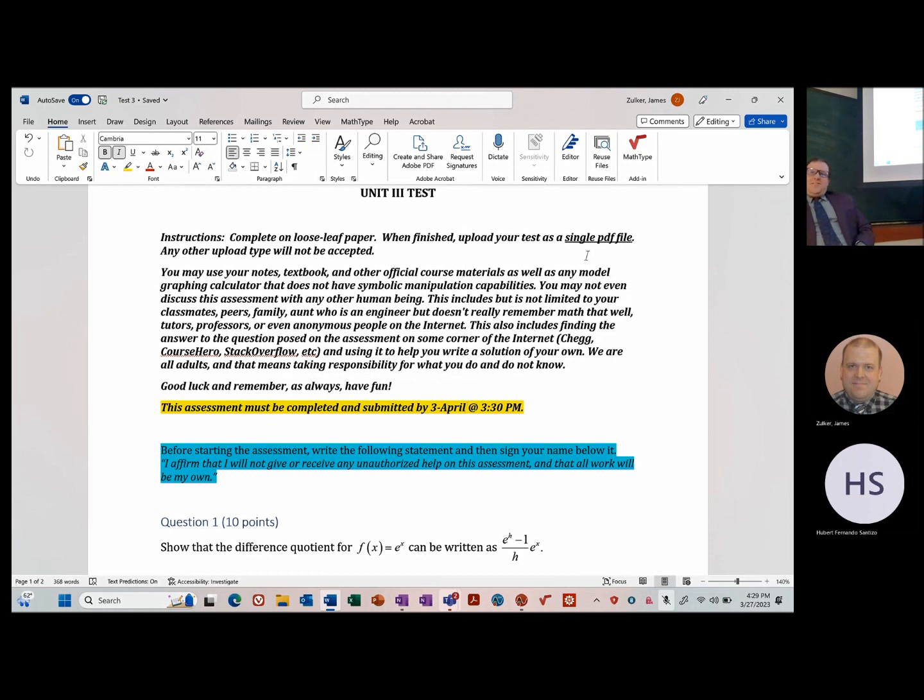I haven't even looked at test 2 yet. When you say single PDF file, let's say I took multiple pictures of multiple pages and uploaded them, but it's not one file. It has to be converted to a single file. If you open up your notes on your phone, there's a scan feature. Open a new note, and at the bottom there should be a camera.